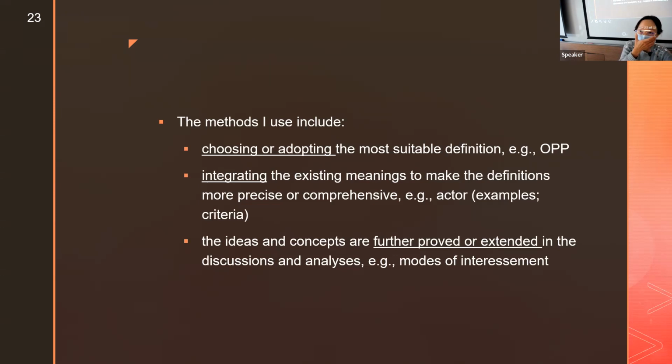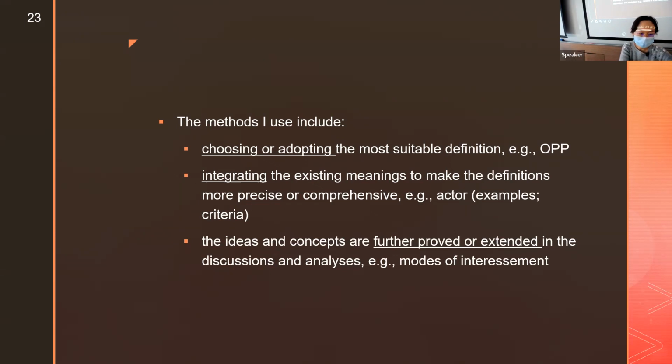And the last method is that I further proved or extended some ideas and concepts in my discussion and analysis. For example, Callon introduces five modes of interessement of actors, and I find that some of those modes did not happen in my research, but some other modes of interessement did happen.